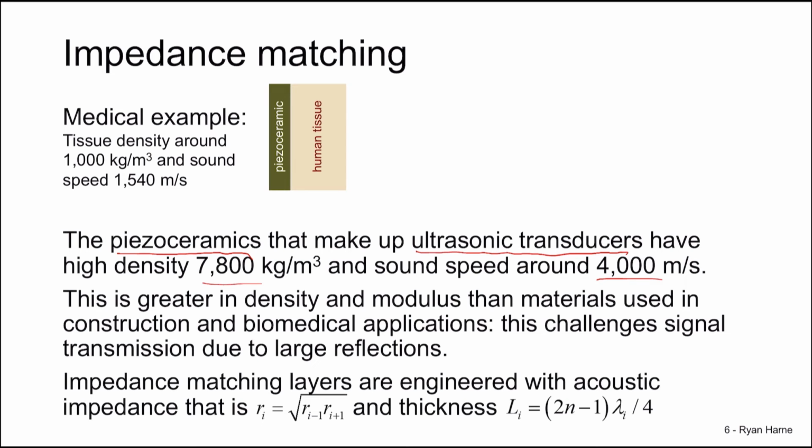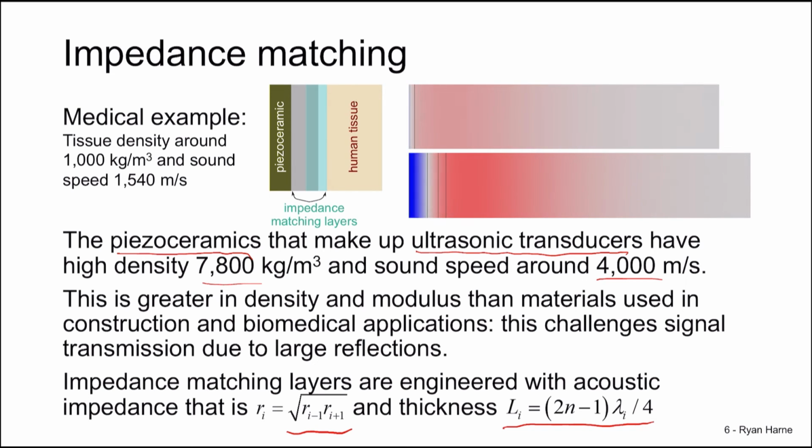Instead, we introduce impedance matching layers by designing the impedance to be the geometric mean of the adjacent layer impedances, and the thickness of the layers are determined according to integer number of wavelengths. In this case, the resulting transmitted acoustic pressure is much greater in amplitude with the impedance matching than without. We see that here in the simulation.